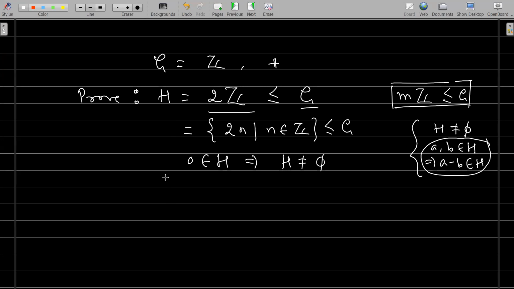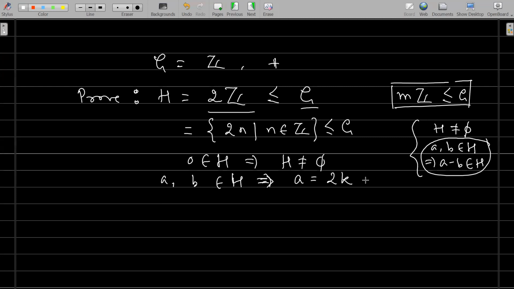Okay. If I start with some A, B belonging to H, what can I say about the nature of A and B? Can A, B be 1, or 3, or 5? That is not possible, right? So A and B are both out of 0, plus minus 2, plus minus 4, plus minus 6, and so on. What can I say about the structure of A? It is of the form 2 times something.